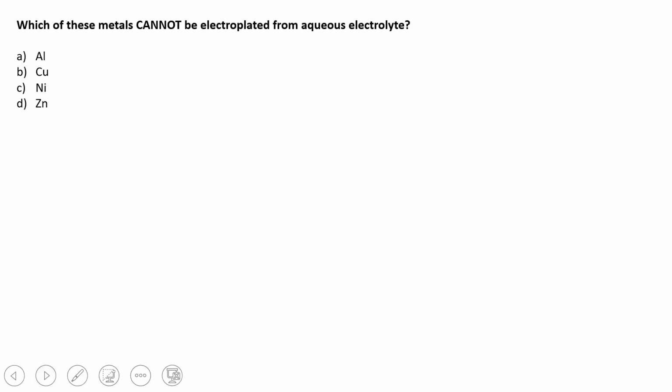Next one: which of these metals cannot be electroplated from an aqueous electrolyte? The question asks which among these metals cannot be electroplated. So what is the mechanism of electroplating?